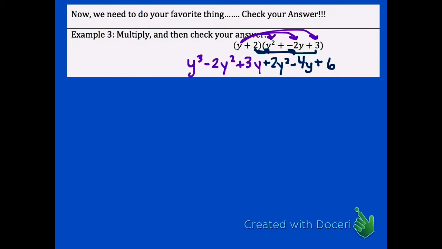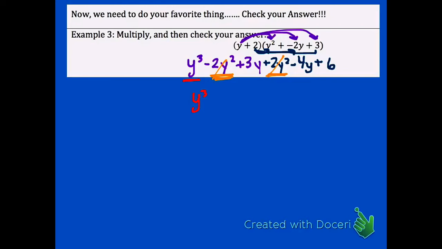Then I go through and I'm going to look for like terms. I want to look for anything y to the third, and I don't have any more of those, so my y to the third stays. And then I'm going to look for anything with y squared, and I've got a negative 2y squared and a positive 2y squared. So those cancel each other out.